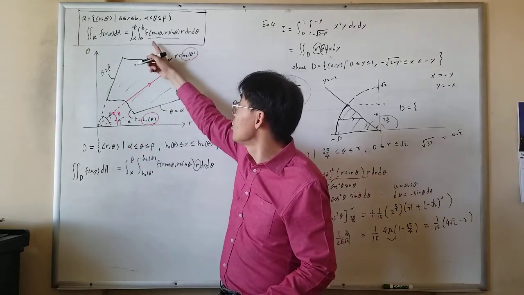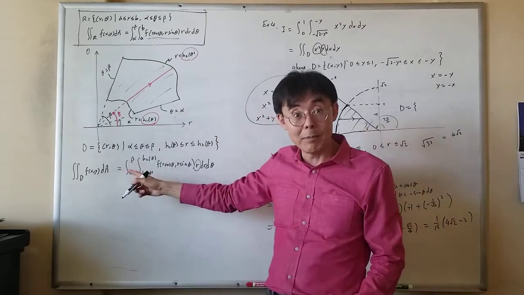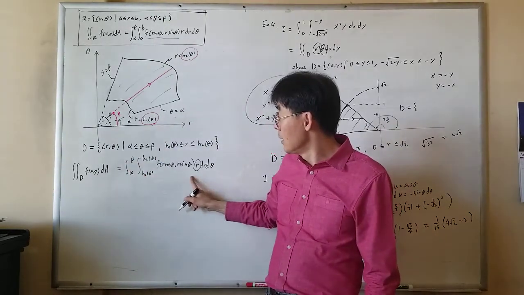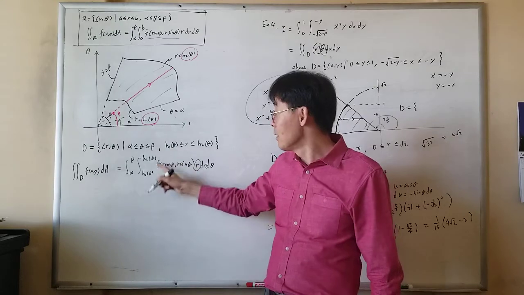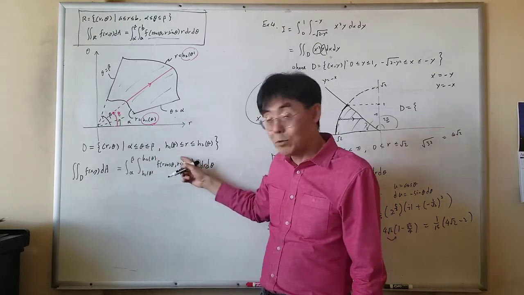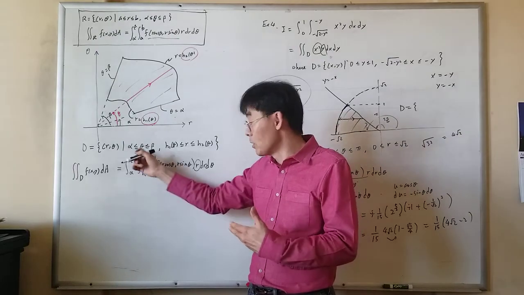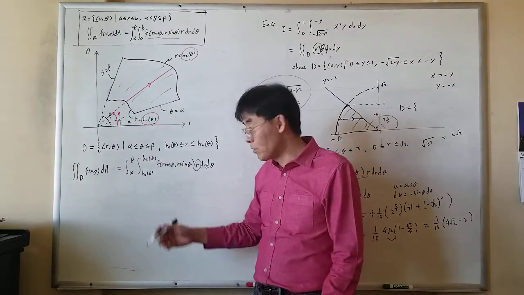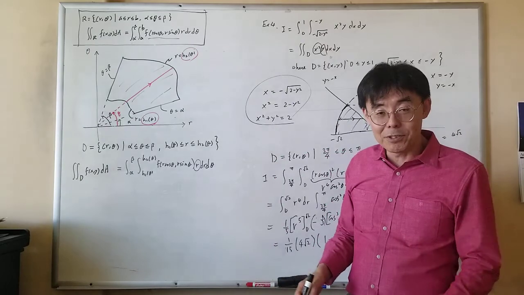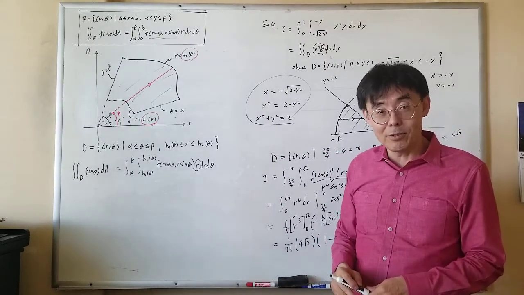Then polar rectangle, you do it this way. Type 2 polar region, do it this way. It's a type 2, right? You just describe your domain and set up the integral accordingly. That's all. And after that, calculus integration techniques, all coming back.